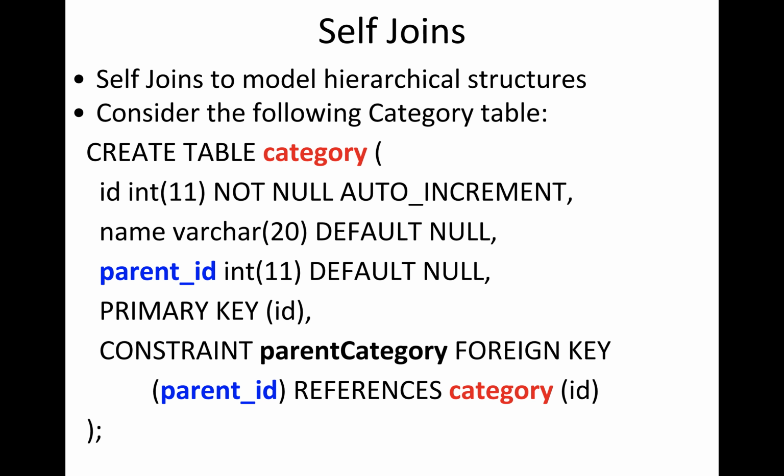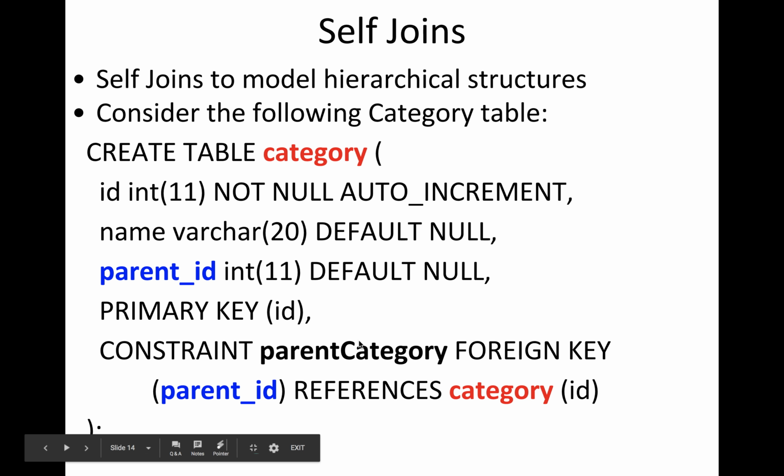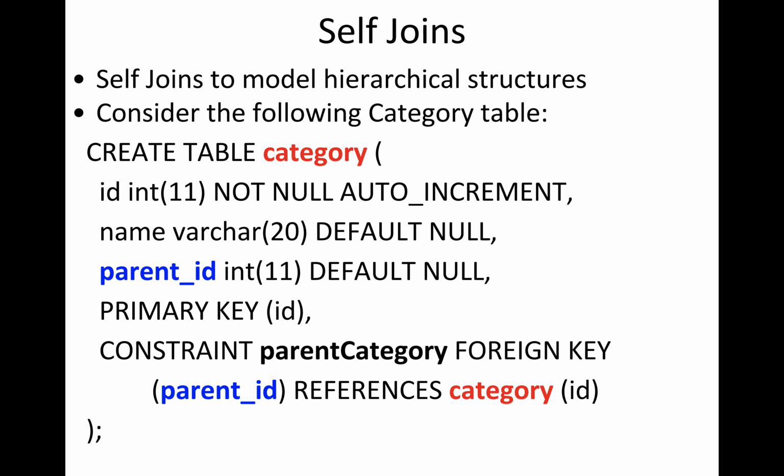For this to work, you would need to have fields in the table that allow you to unwind the relationship or the structure within that table. Here we have a field called parent ID that, if you notice, is a foreign key.